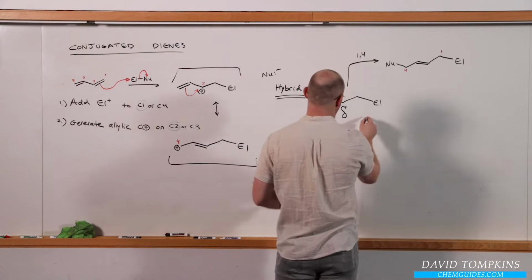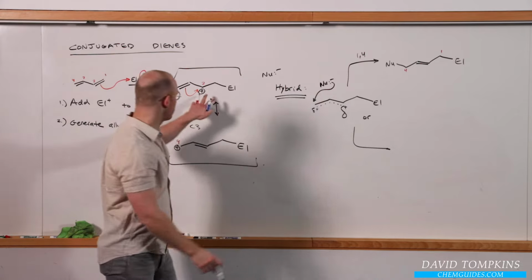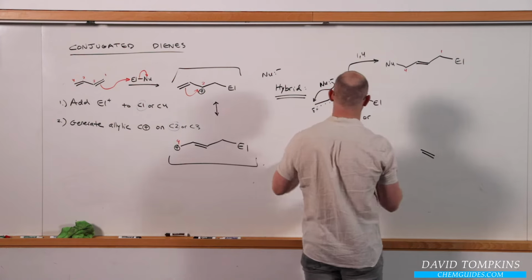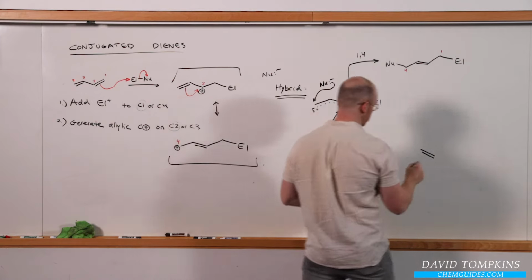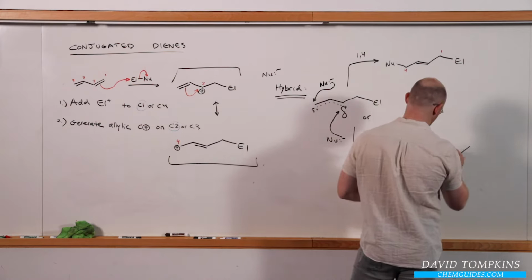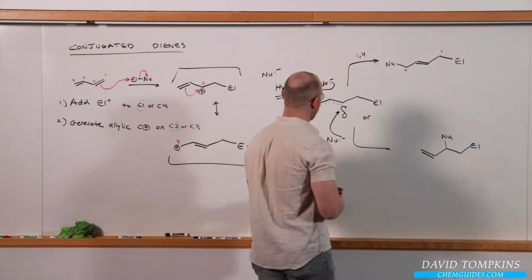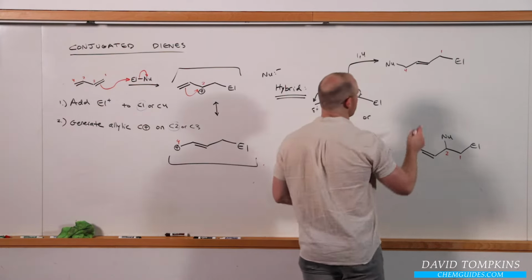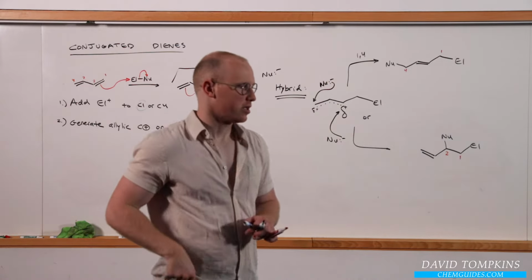If it were to attack carbon 2, the cation we had before we drew the resonance structure, then you would have a simple 1,2 addition. Forgive me, I've simply flipped the structure over here, but this is carbon 1 and 2. They are adjacent nucleophile and electrophile, like any typical electrophilic addition to an alkene.